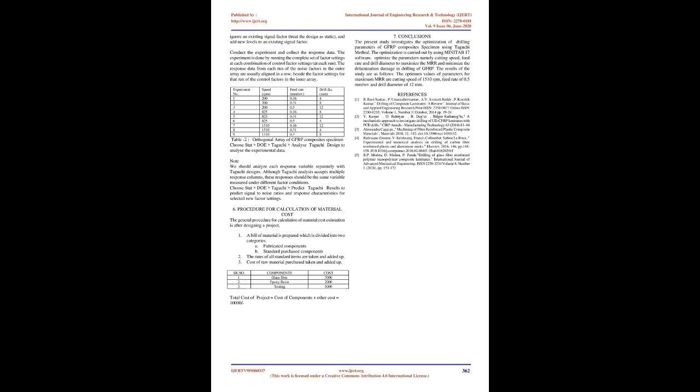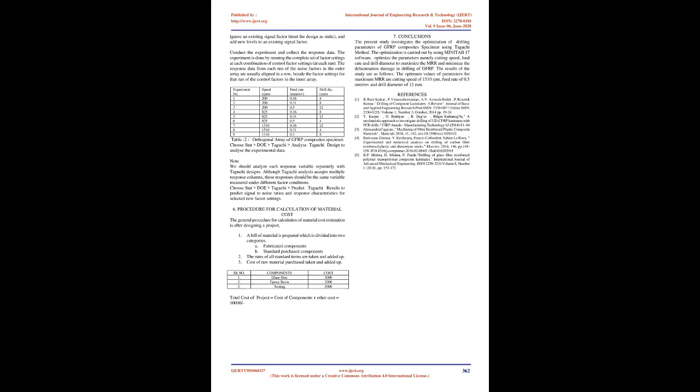Note: we should analyze each response variable separately with Taguchi designs. Although Taguchi analysis accepts multiple response columns, these responses should be the same variable measured under different factor conditions. Choose Stat > DOE > Taguchi > Predict Taguchi Results to predict signal-to-noise ratios and response characteristics for selected new factor settings.